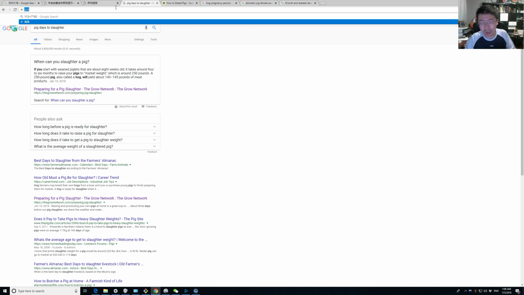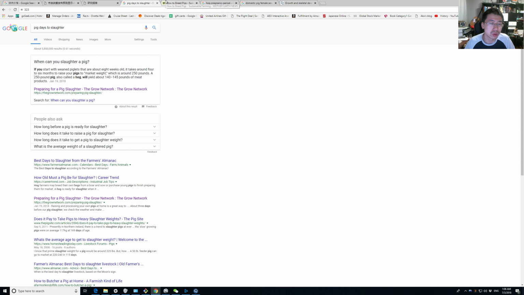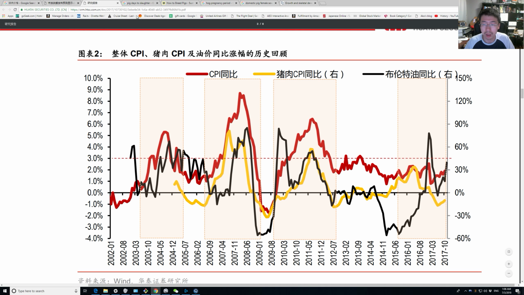Okay, so during that time, you essentially suddenly have a bunch more female pigs around, a lot more production. So it is possible that you get another oversupply at the peak of the cycle, because there'll be a bunch of female pigs producing piglets, and then a bunch of piglets that will grow to hogs that will be slaughtered a year later.